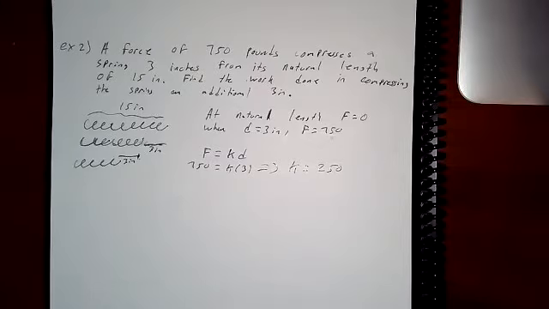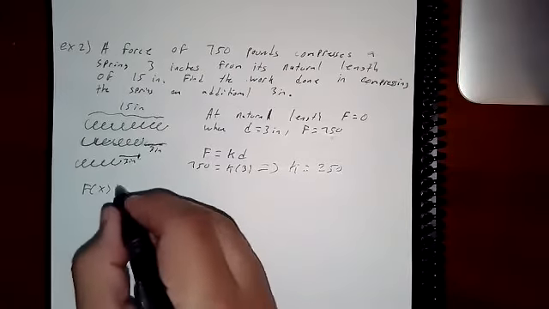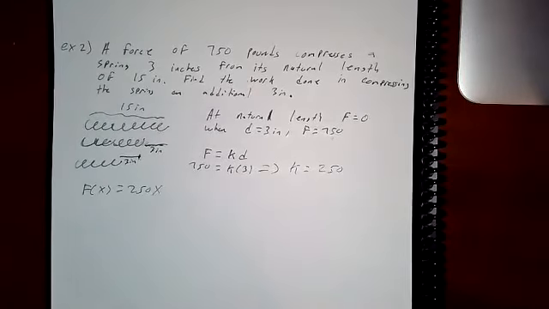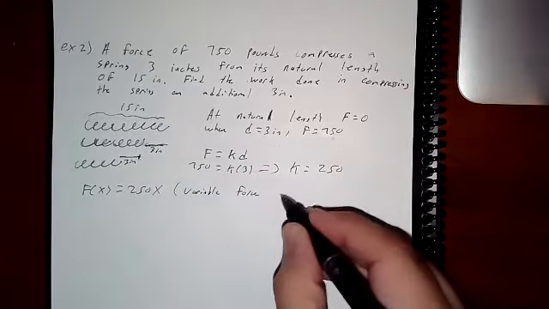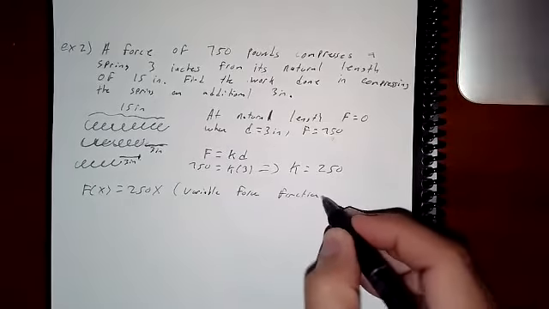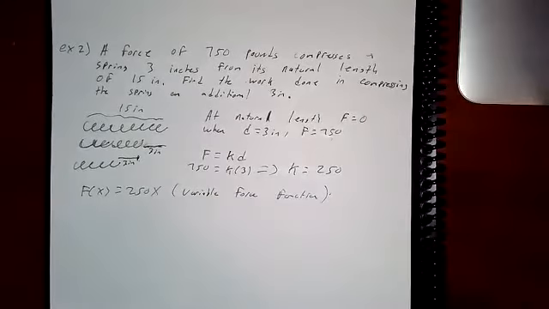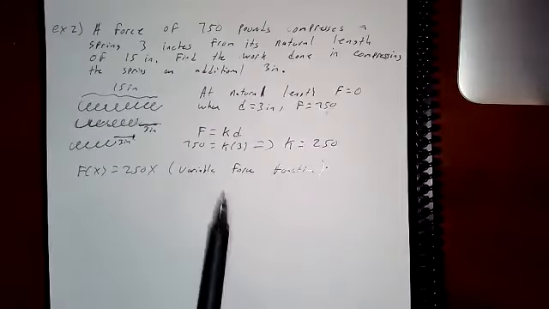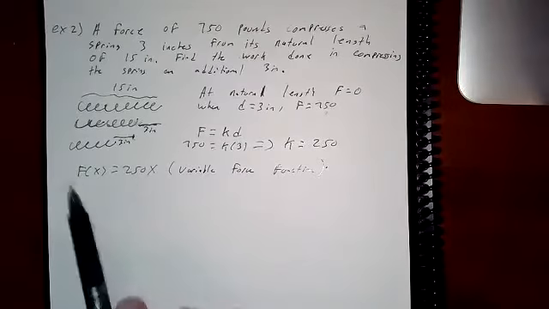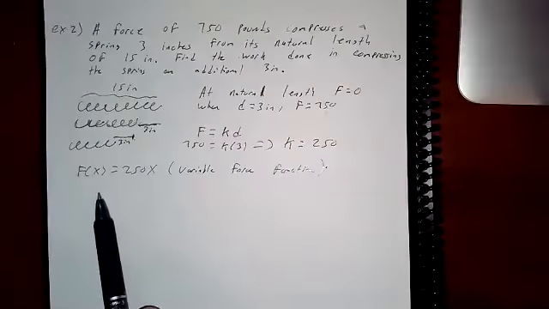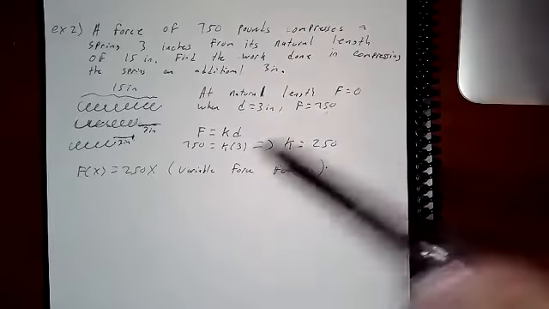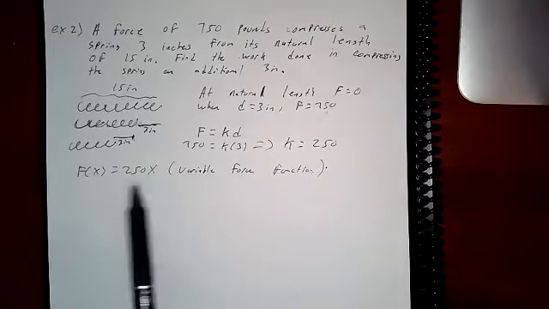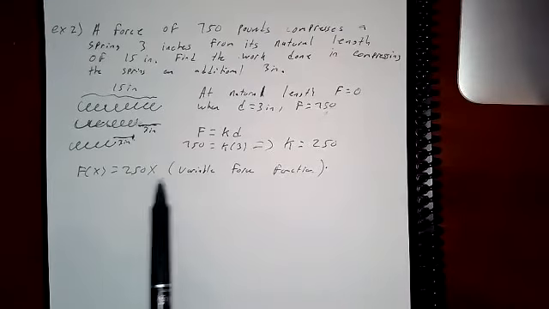So that means our variable force function would be 250x, where x is the distance you compress. So this is just Hooke's law being translated into a function. This is me applying Hooke's law to find k. So k is 250, so 250 times some x would be the force given some distance x.